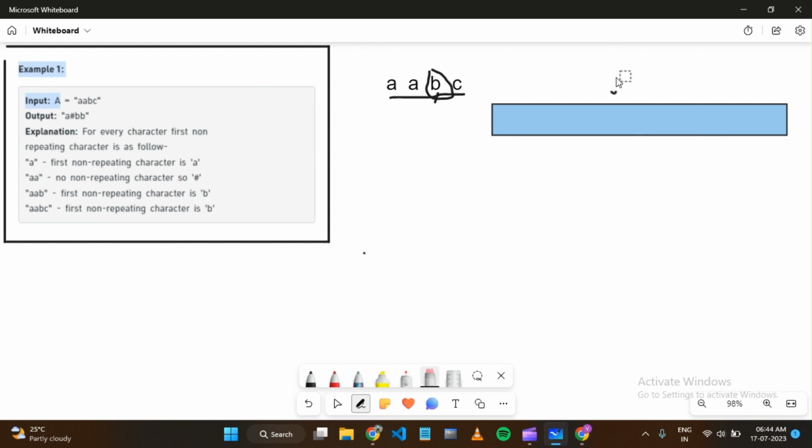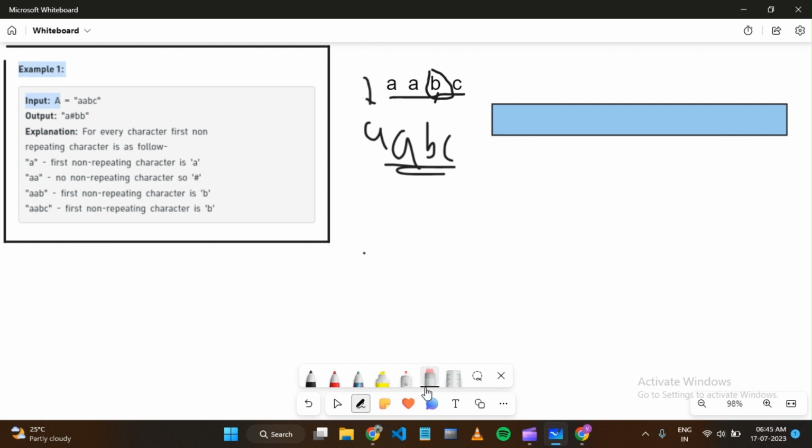Now let's see what algorithm we will be performing here. As of now, we all know that we have to traverse the whole stream array, and we have to see which character is non-repeating, which means the frequency of the character should be one in the array.